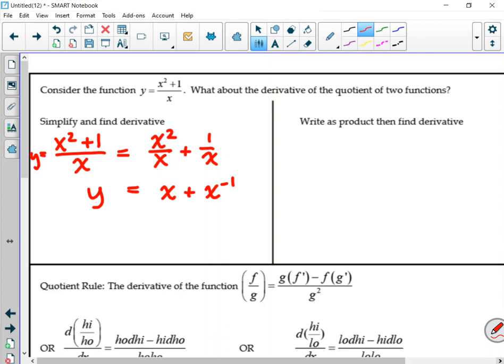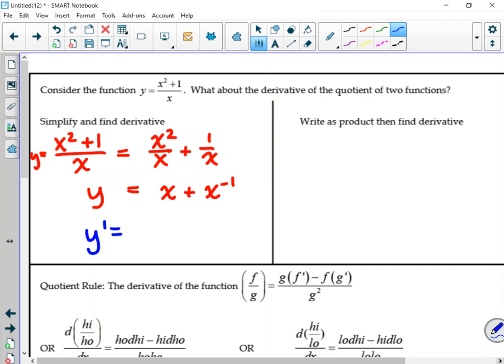If I take each term of the numerator divided by x, x squared divided by x simplifies to x. 1 divided by x, I rewrite as x to the negative 1. We want things written with powers, with exponents, if we're going to use the power rule.